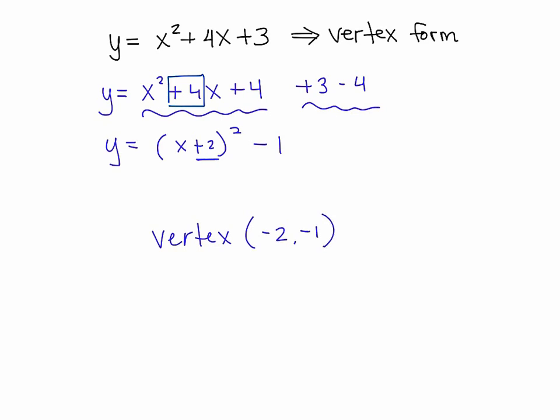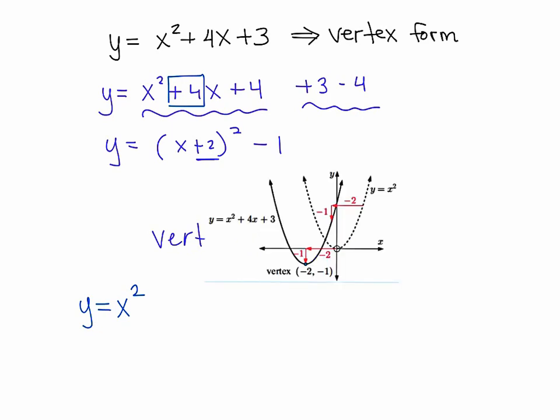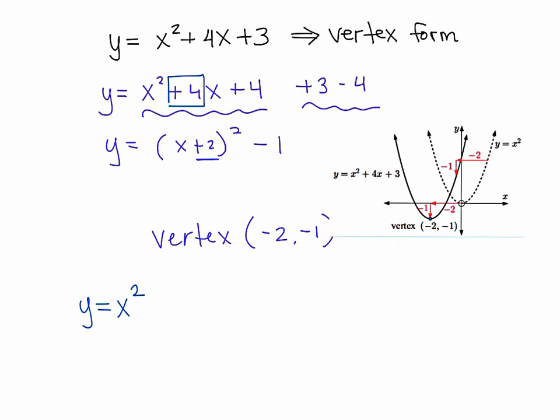To obtain the graph of y is equal to x squared plus 4x plus 3 from the graph of y is equal to x squared, how do they translate? Well, we are given here y is equal to x squared, which has the vertex at 0 and 0. Now that vertex has been shifted to negative 2 and negative 1.